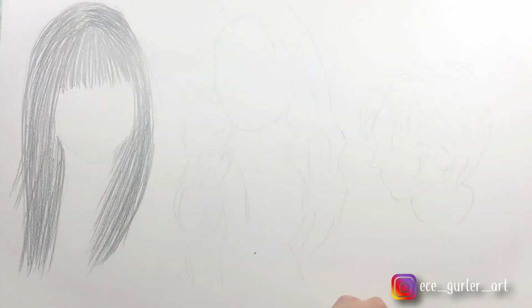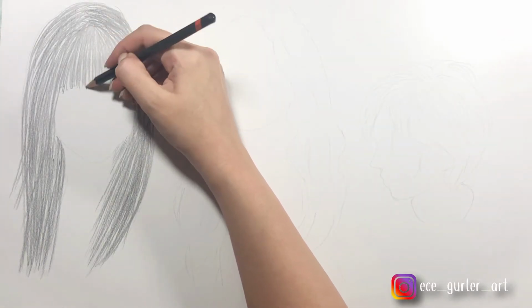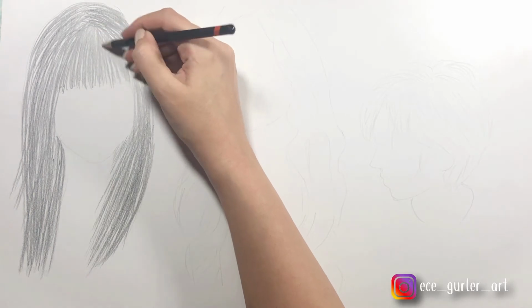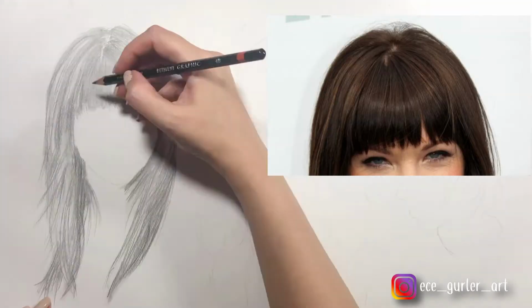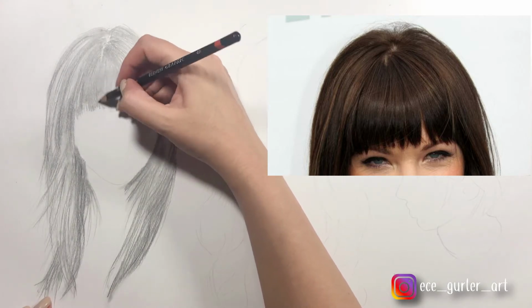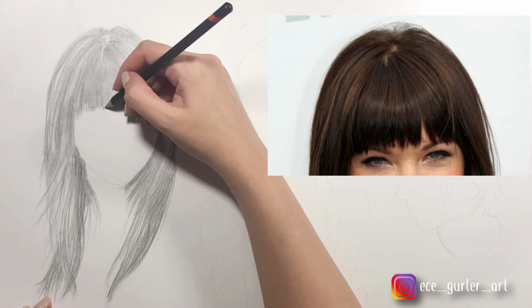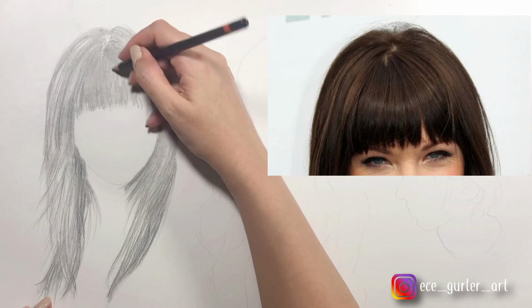But if you want a more realistic result with your bangs, you have to sharpen your pencil first of all, and then look at your reference photo and see where the bangs are ending, where they get less dense, where they split, where there is a highlight, and where there are darker shadows. That's what gives the bangs a more realistic effect.